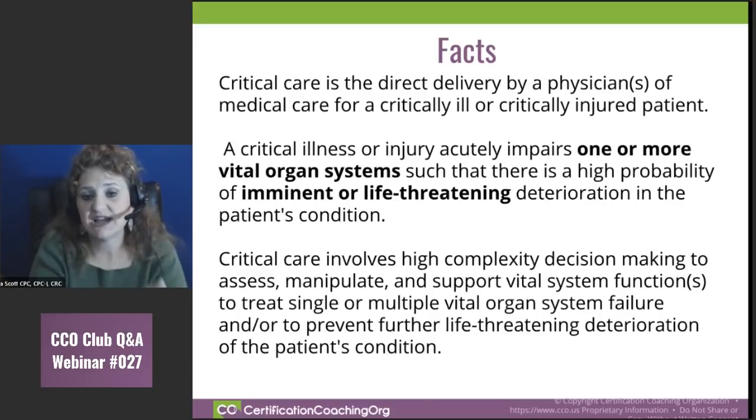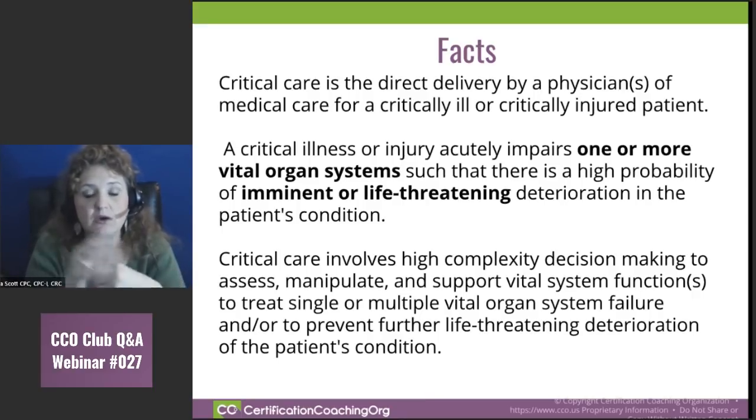So if you have a patient that's had a stroke and they're in respiratory failure and they've been intubated, then you've got one or more organ systems. Well, you've got neurological and respiratory, 2 organ systems. They're in respiratory failure, and these are life-threatening. So there you go. You, again, have high complexity of decision making at all times, right?